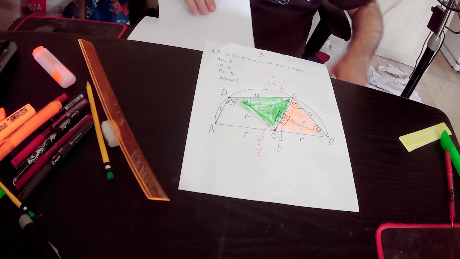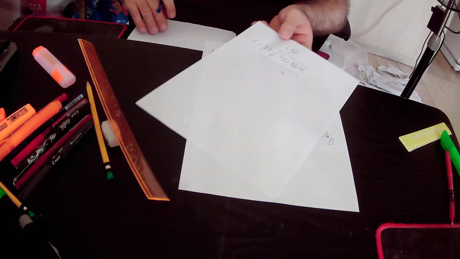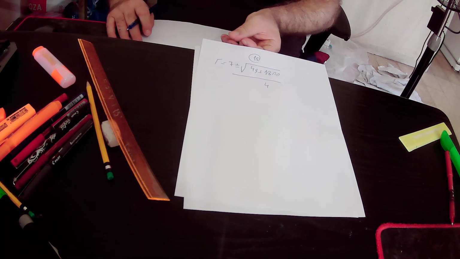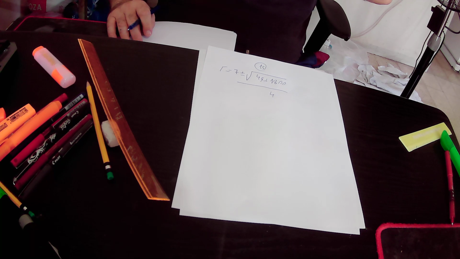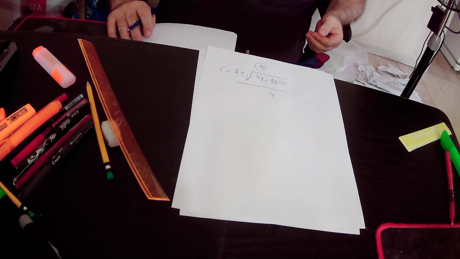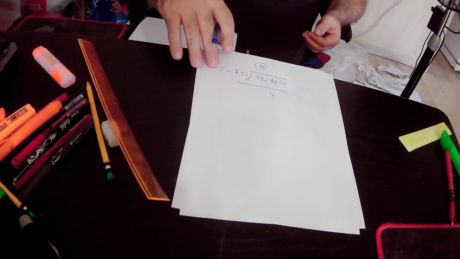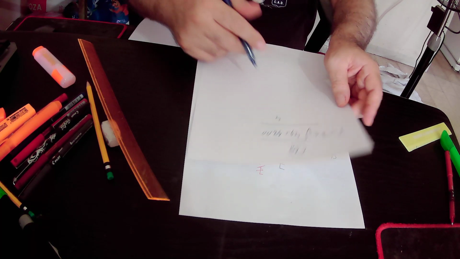Okay, so we found out that R equals to 7 plus minus root of 49 plus 1800, which is 1849. I will write it down.